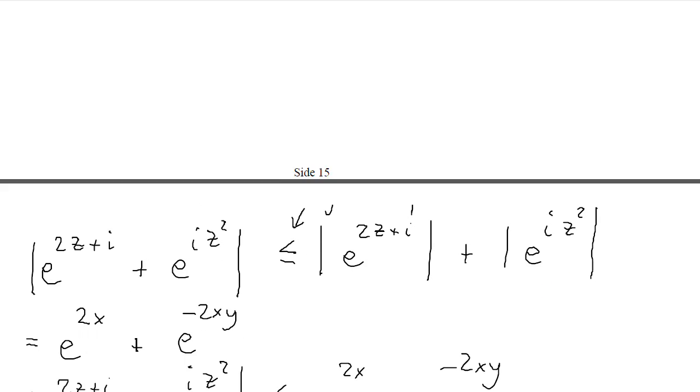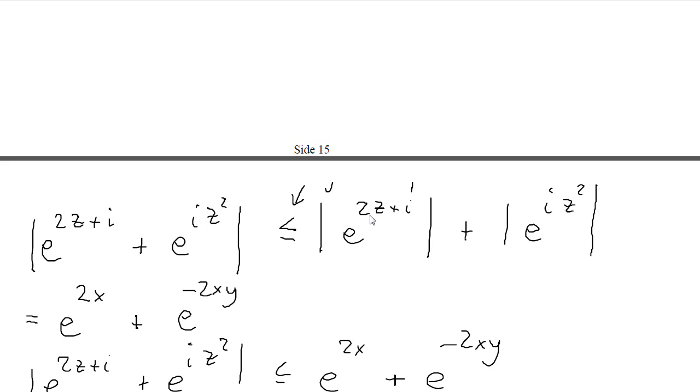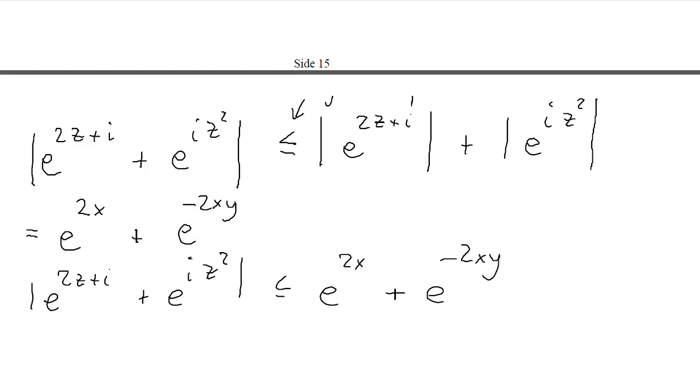And we have some expression for this. We have expressed these absolute values before, and we obtain that they are equal to this sum. So then we have reached our goal. We have shown this inequality.